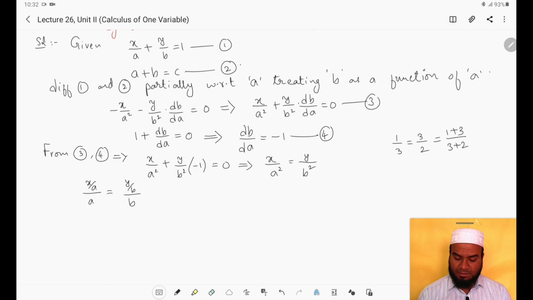Sorry, this is not at all true. Now suppose I have something like this, 1 by 2 equals 1 by 2. Now if you add the numerators and denominators, what will happen? 1 plus 1 by 2 plus 2. Then 2 by 4, and again we are getting 1 by 2.